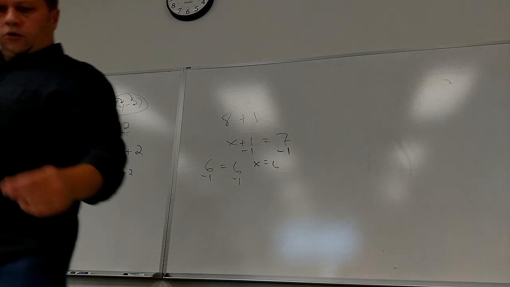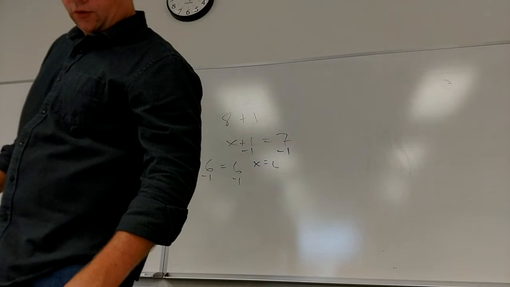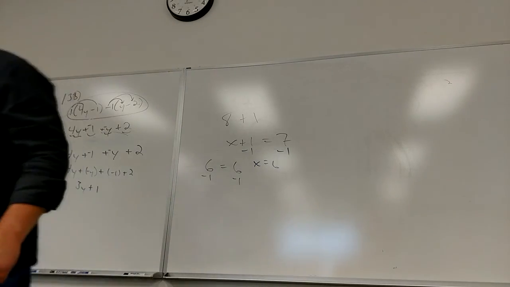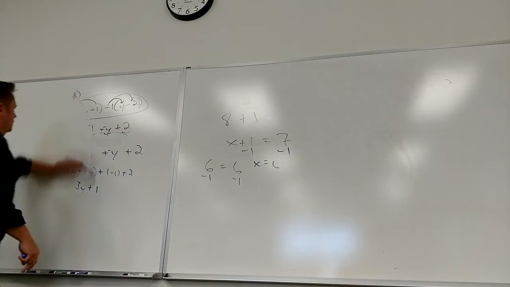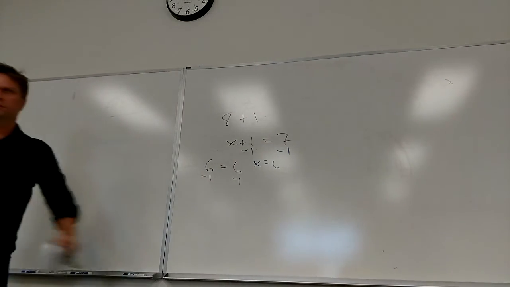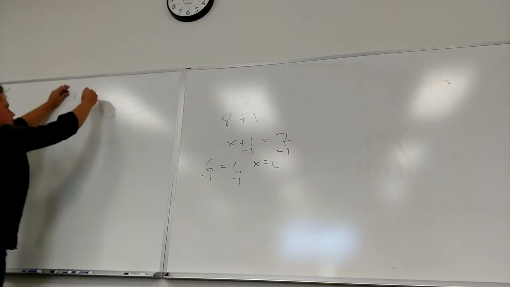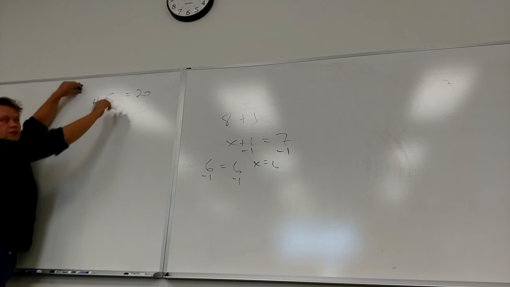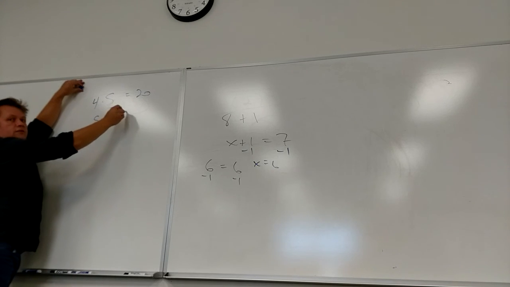I have a homework question. Sure. 108 on 7.3. So let me build up to it. What's 4 times 5? 20. If I put the 4 on the other side, it's the same thing, right?